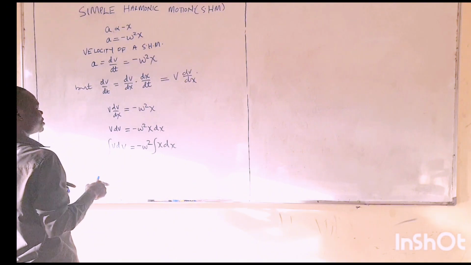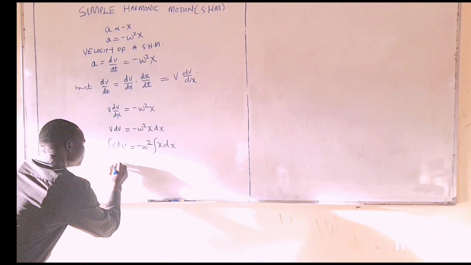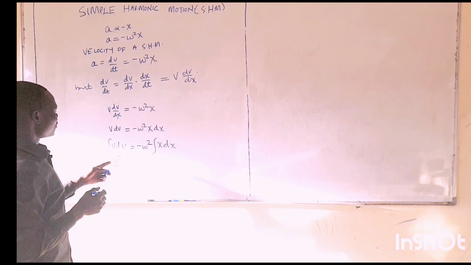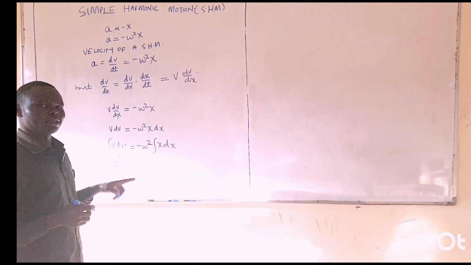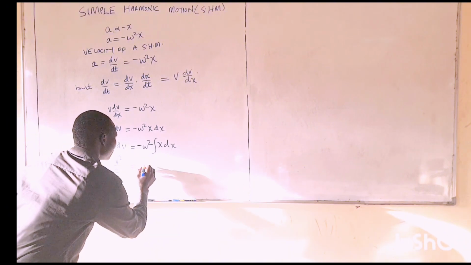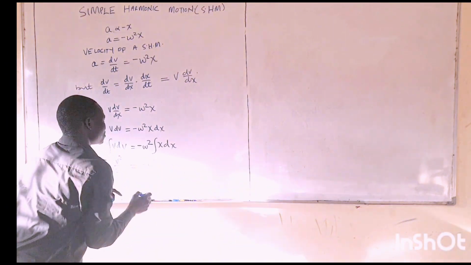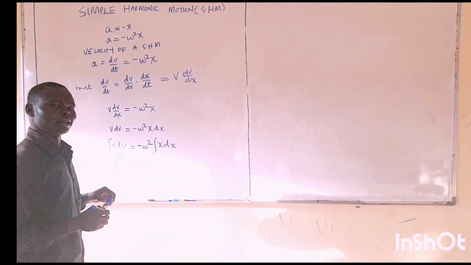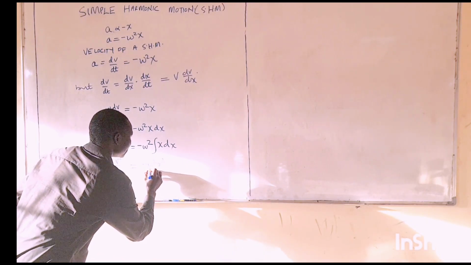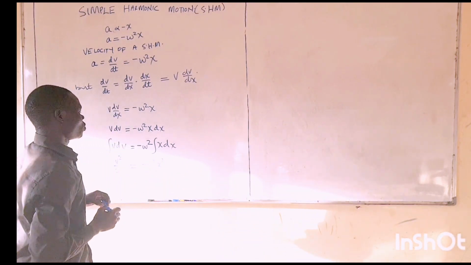So integrating v dv, we shall have v squared divided by 2, is equal to negative mu squared, and increasing the power of x by 1, we get x squared divided by 2.